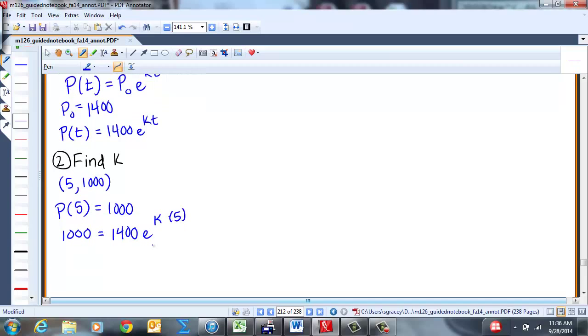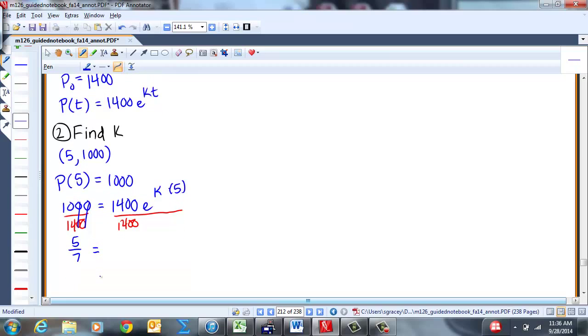So dividing both sides by 1,400, we can divide out those two, and I think we're going to get 5/7, if we reduce it to lowest terms, equals e to the 5 times k.